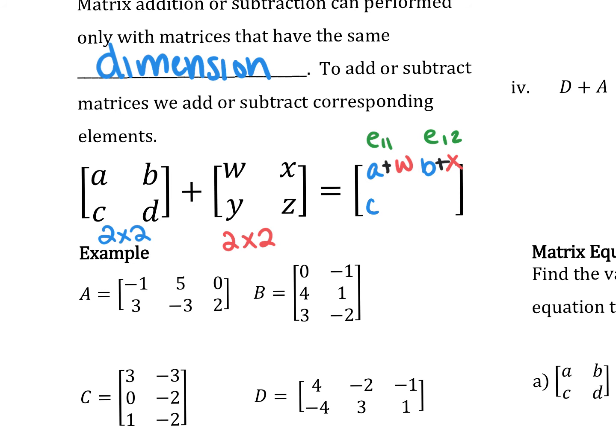Next one would be C plus Y. I should have made that bigger. And the last one would be D plus C. This is called the E21 element. This is the E22. E21 is second row, first column. E22 is second row, second column.